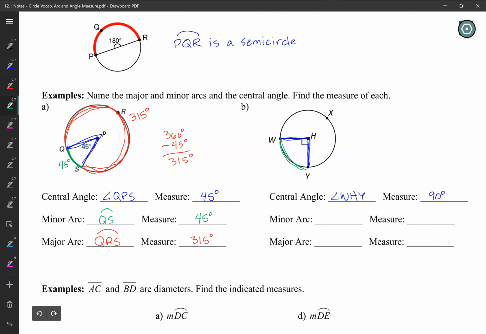Minor arc right here would be arc WY or YW, and its measure is also 90 degrees. Major arc would be the rest of the circle. Arc WXY or YXW. And 360 minus 90 is 270 degrees.